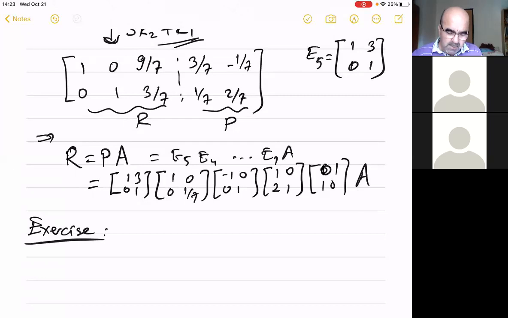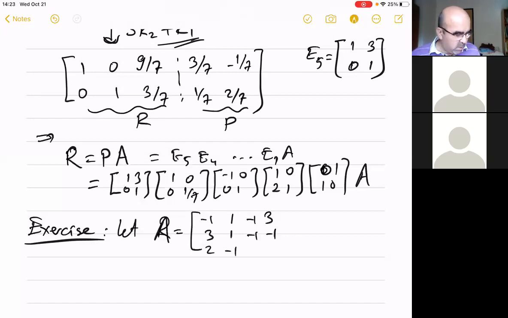Let A be equal to -1, 1, -1, 3, 3, 1, -1, -1, 2, -1, -2, -1.